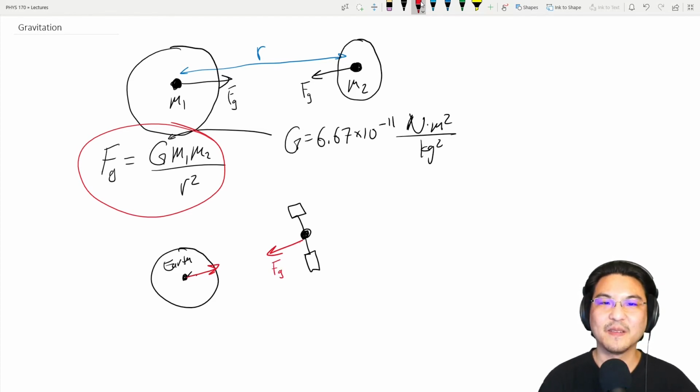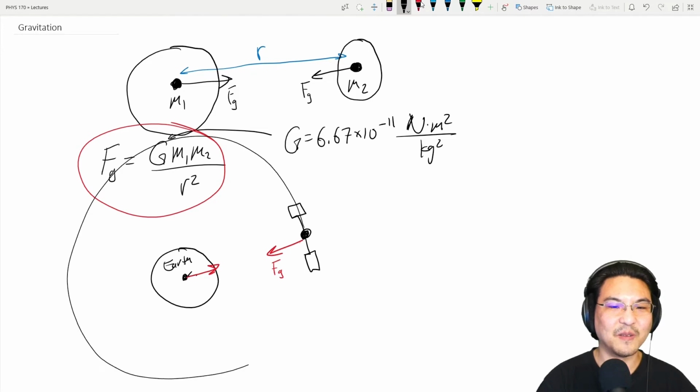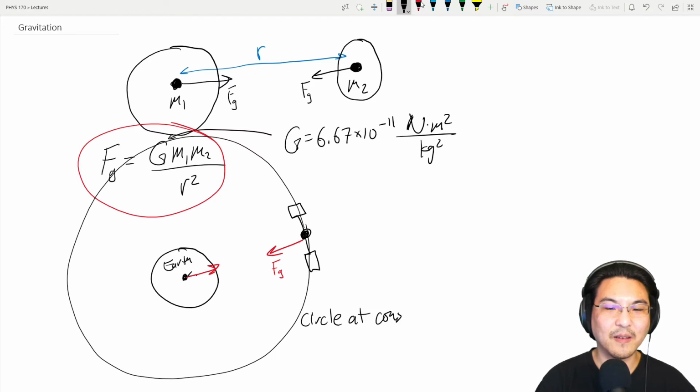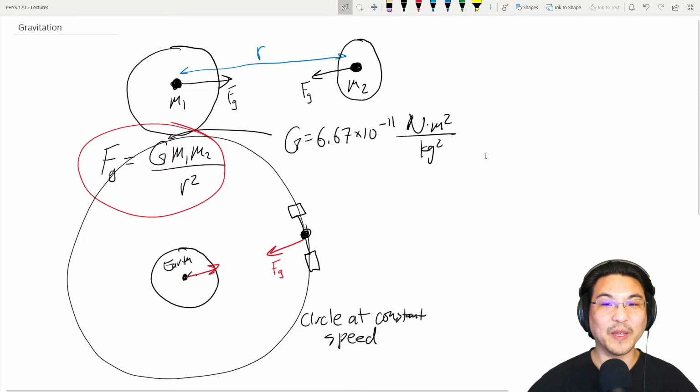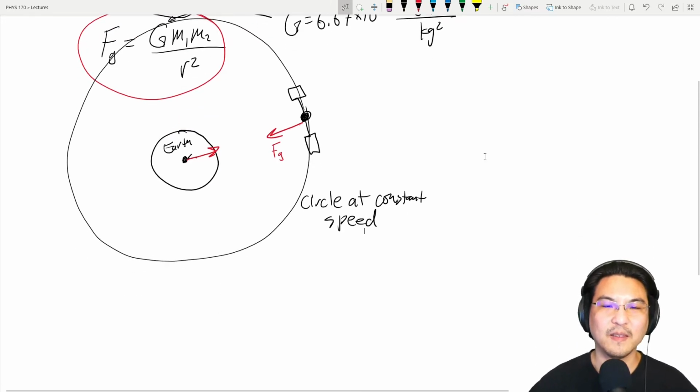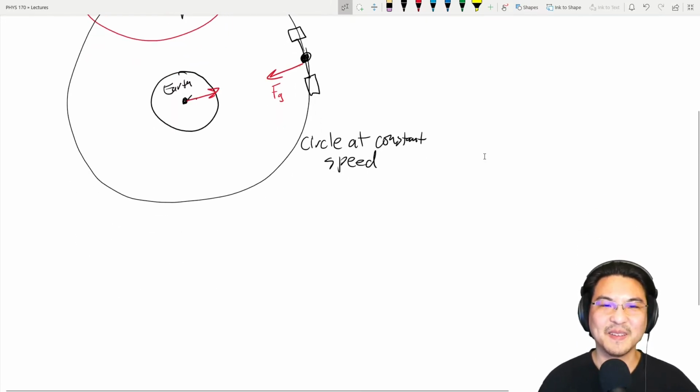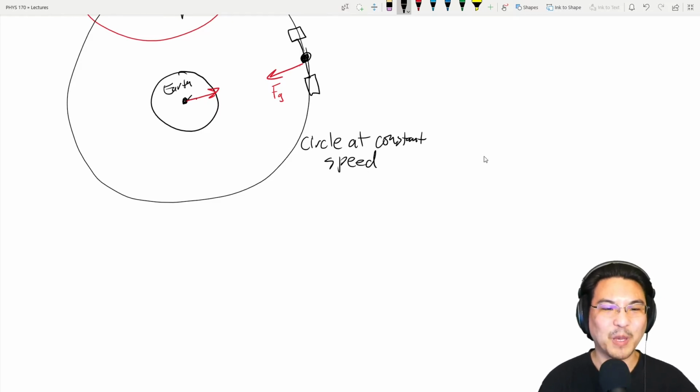Okay, and then let's say it's moving in a circle. So let's say it's traveling in a circle at constant speed. Okay, so it's in orbit. And what does that mean? So when something is in orbit, maybe think of it like this. Imagine you're a giant standing on the Earth like this, and you throw a ball.